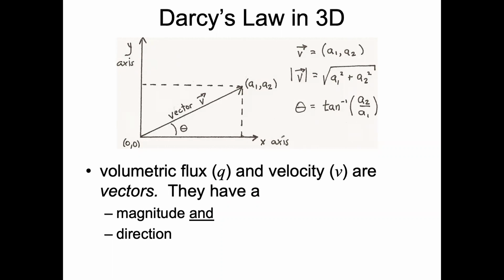Our vector at any given point, let's say from 0, 0 to point A1, A2, is just going to be the square root of the sum of each of those points in the x and the y direction squared.